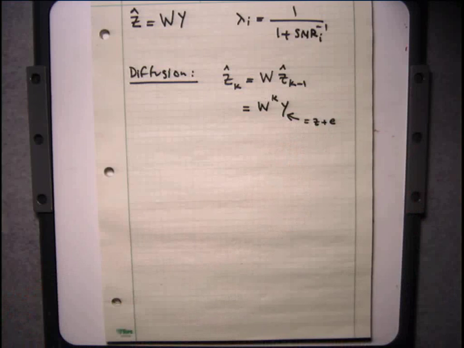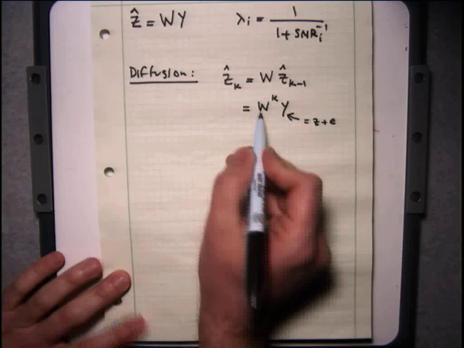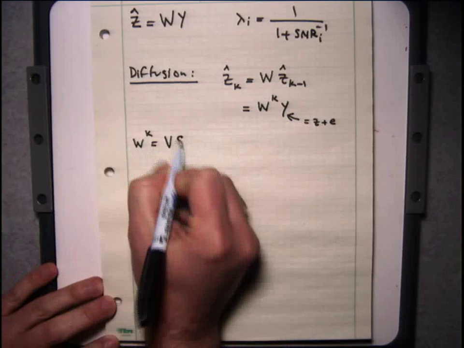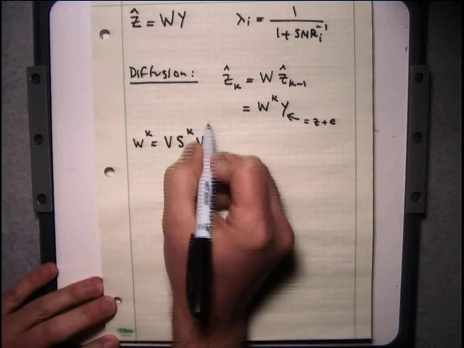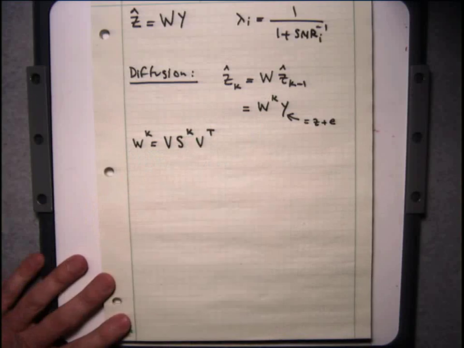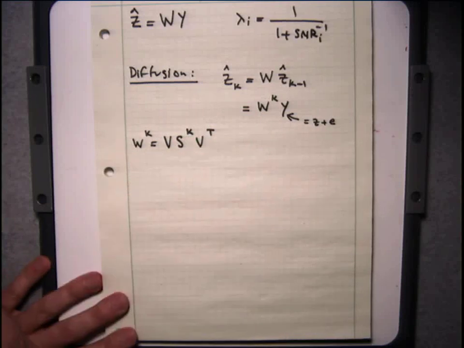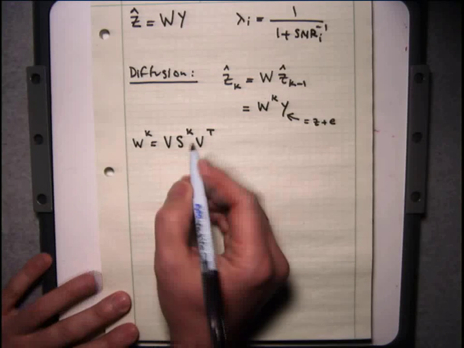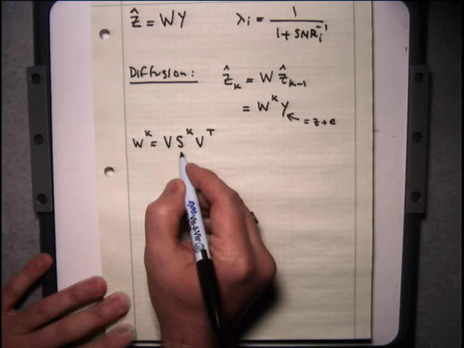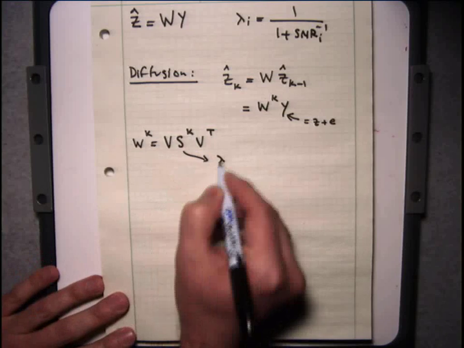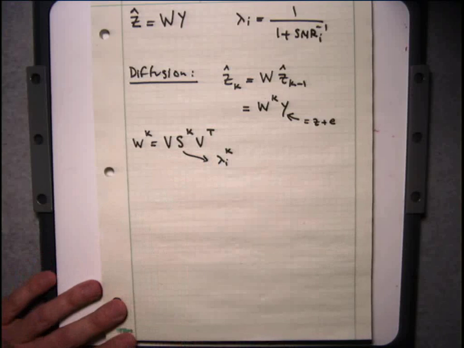All right, so with this, we used the eigendecomposition of W. We wrote W to the k as V, S to the k, V transpose, where V is an orthonormal matrix, and the eigenvalues of W to the k are now the eigenvalues that were there before, the lambda i's, raised to the kth power. So the eigenvalues of this guy are lambda i to the k.